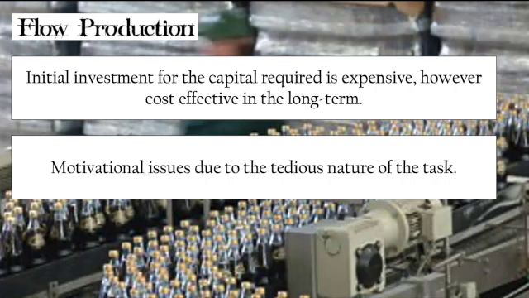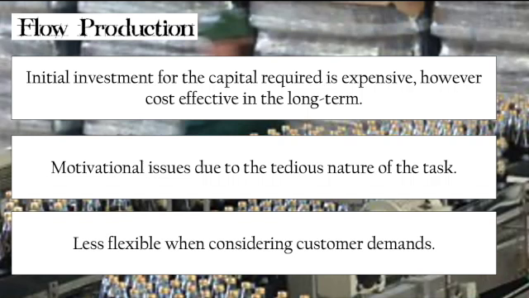Another issue is that it can be less flexible when considering customer demands. When you're thinking about other production processes, for example job production, you are producing that product from start to finish based on exactly what the customer wants, and you can personalise it towards those customer needs. They are bespoke products.